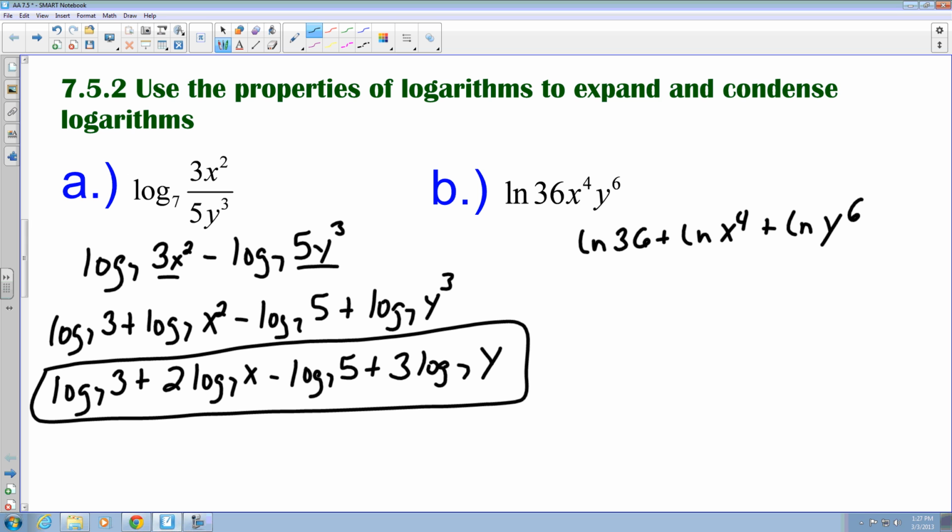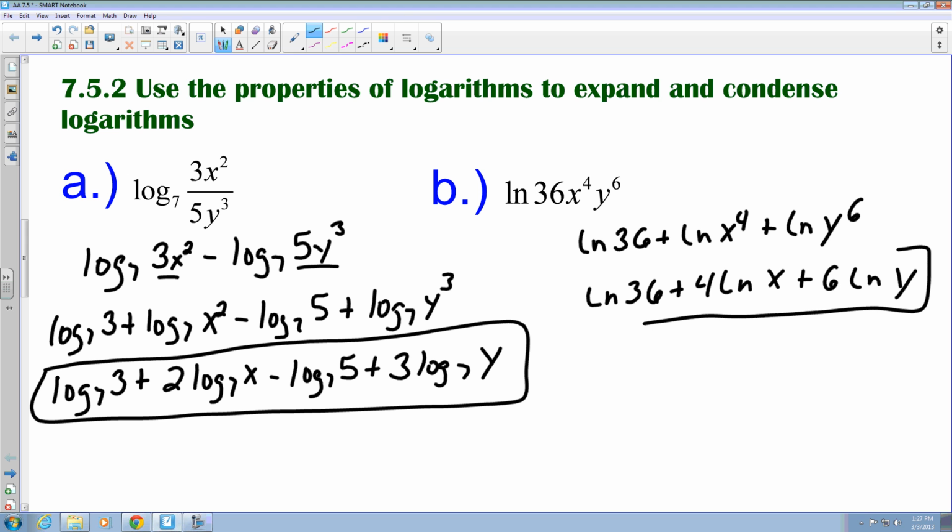And then I got my exponents, so now I can use the power property. So then it's natural log of 36 plus 4 times the natural log of x plus 6 times the natural log of y. And so that is the expanded example for B.